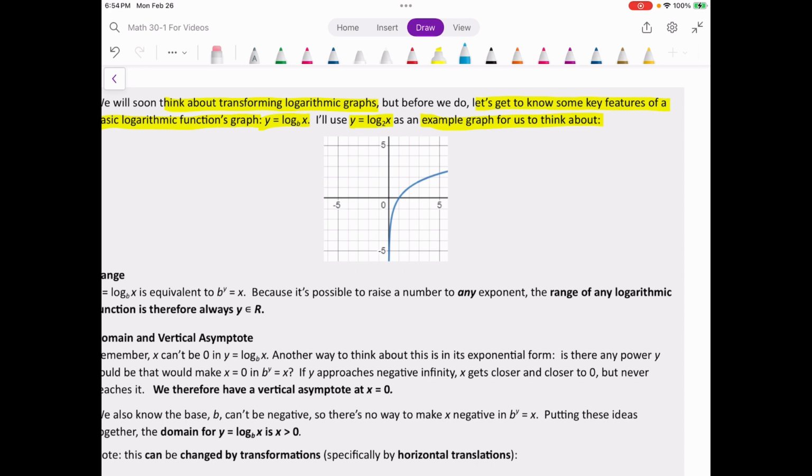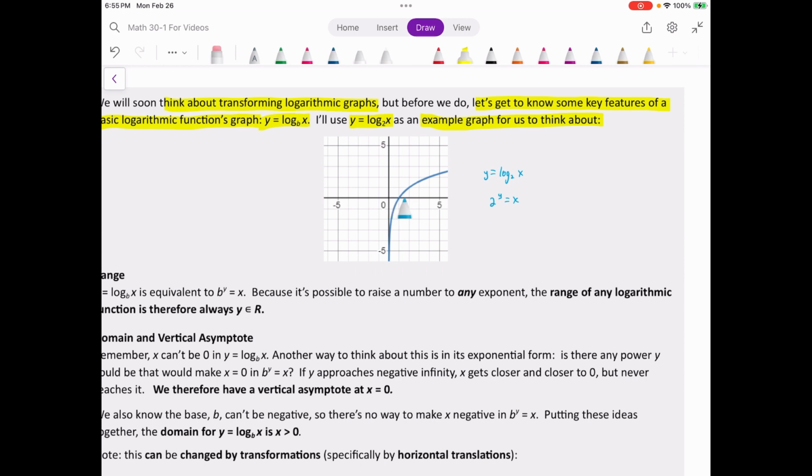Again, it can be more intuitive to think about it in its exponential form: 2 to the power of y equals x, or y equals log base 2 of x. This is really the function, but this can be helpful to see where some of our points are coming from, or to get some points when we're graphing.